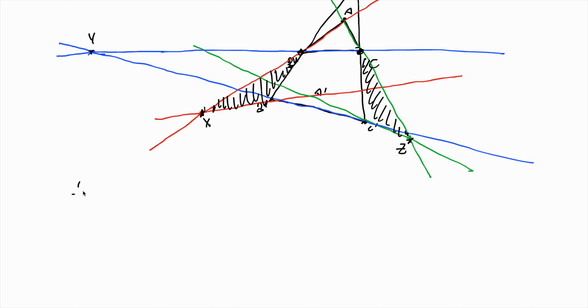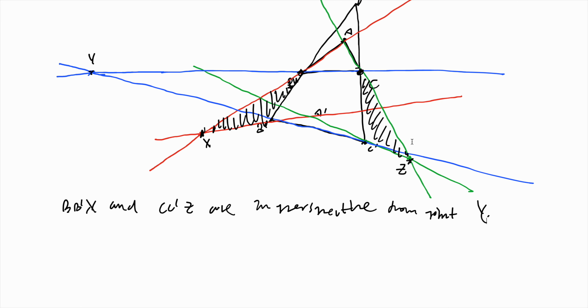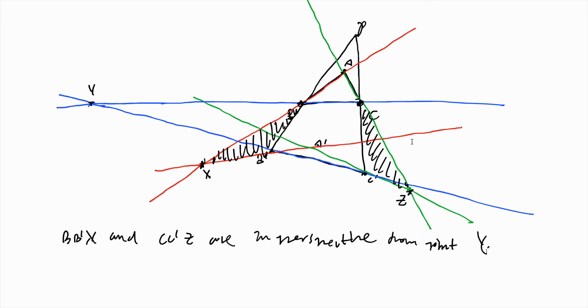So we know that B prime X and C prime Z are in perspective from point Y. And here, actually, we're done.